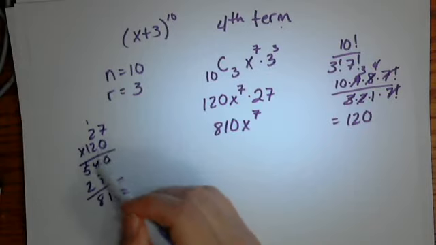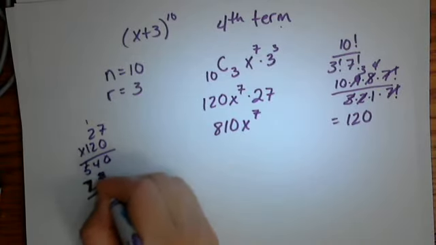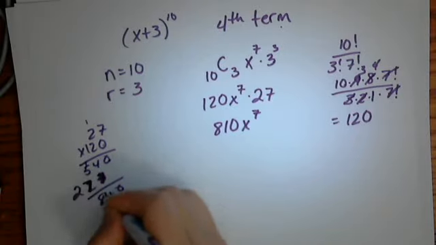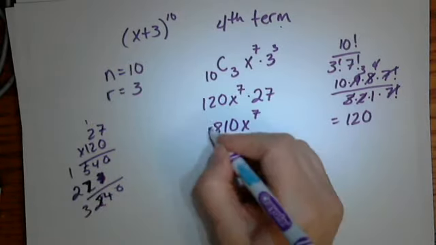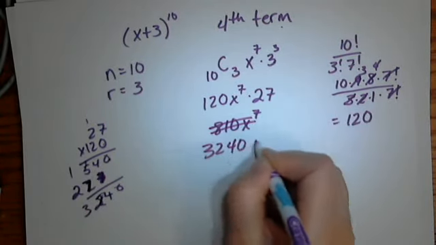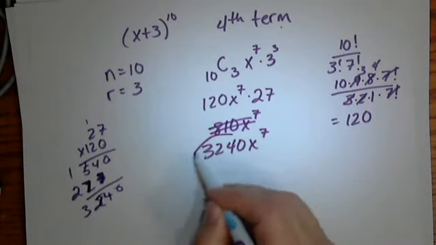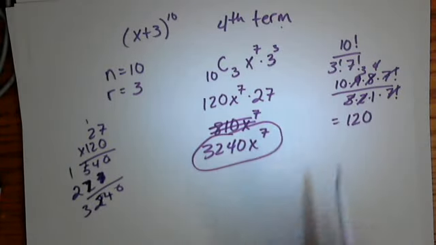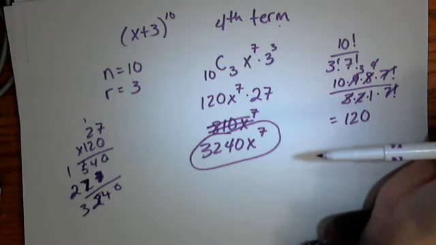Sorry, just a little bit of an arithmetic mistake, and I think that is going to be a better answer when you multiply it out. You could always use your calculator if you don't trust your multiplication, like I probably should have done this time. So anyway, 3240 times x to the 7th will be the fourth term of that when we multiply it out.